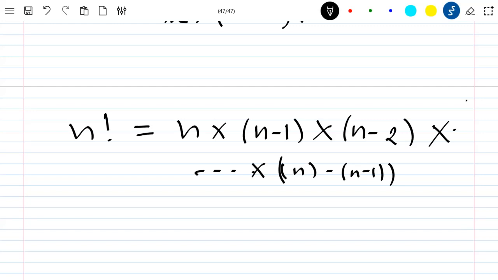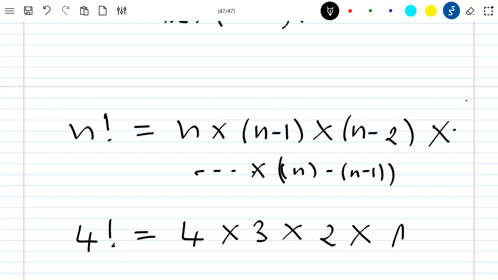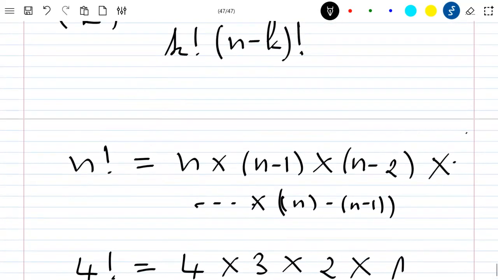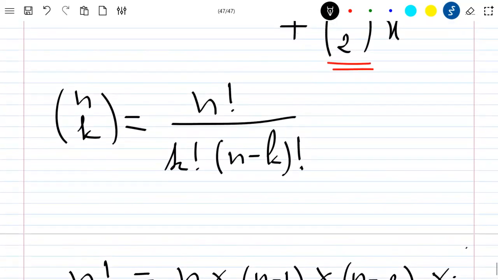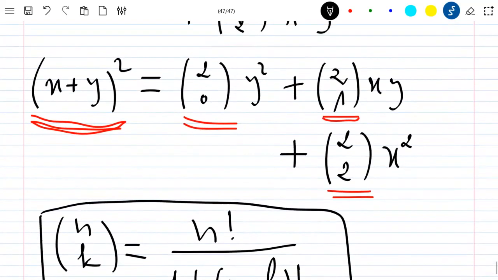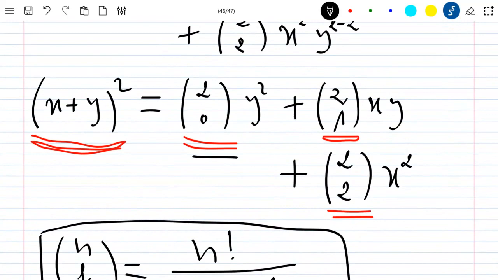Okay, let's say for example we have 4 factorial is equal to 4 times 3 times 2 times 1. So let's apply this formula to find these binomial coefficients.